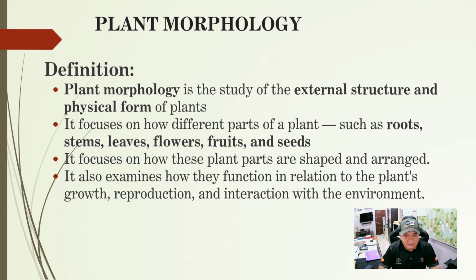It also examines how they function in relation to the plant's growth, reproduction, and interaction with the environment. So basically, plant morphology is the study of the external structure of plants.